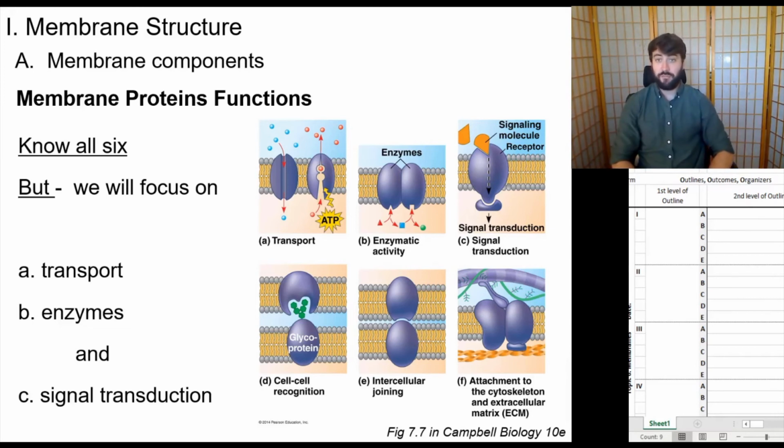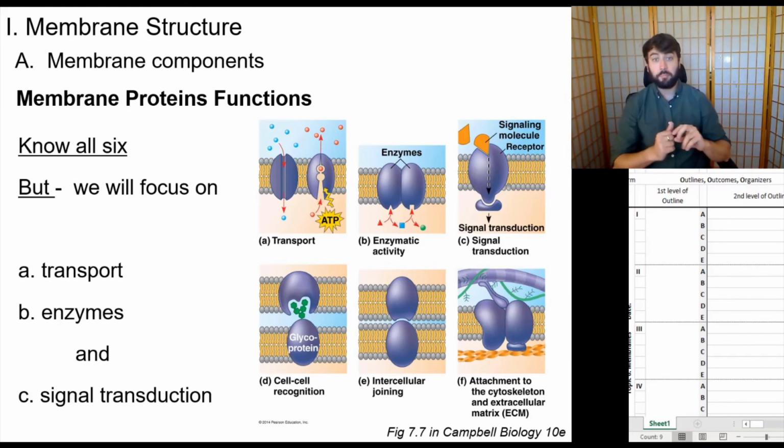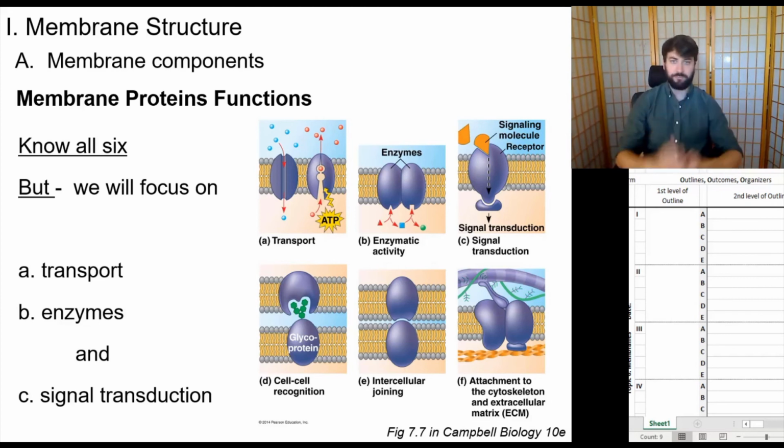Finally, you can also have membrane proteins that are connected to the cytoskeleton and the extracellular matrix that you find inside eukaryotic cells. This cytoskeleton and extracellular matrix, which we've maybe not talked about so much, it's okay, more or less provides structure in the cell for moving things around.